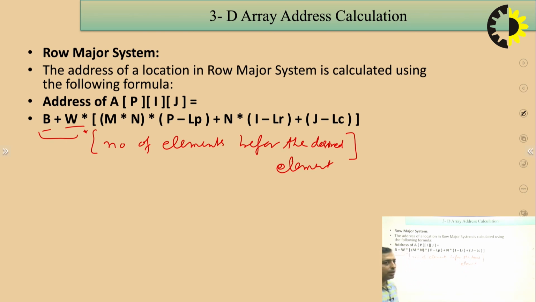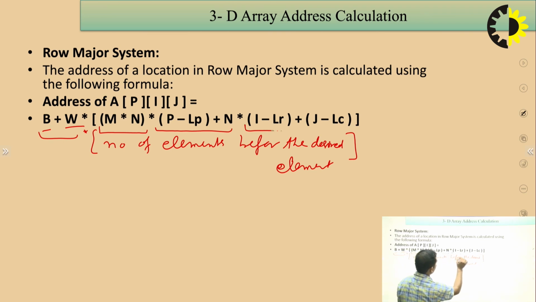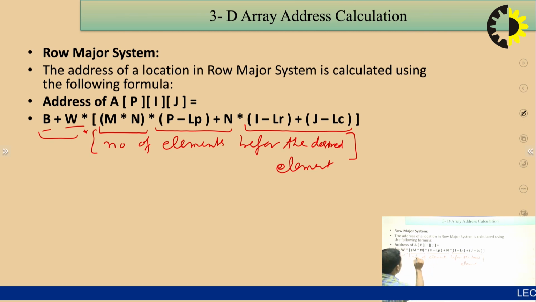We are calculating it in three parts. Just see here, the first part is here, the second part is this one, and the third part is this one. Because this is a 3D array, we are calculating in three parts. In the 2D array, we calculated in two parts.